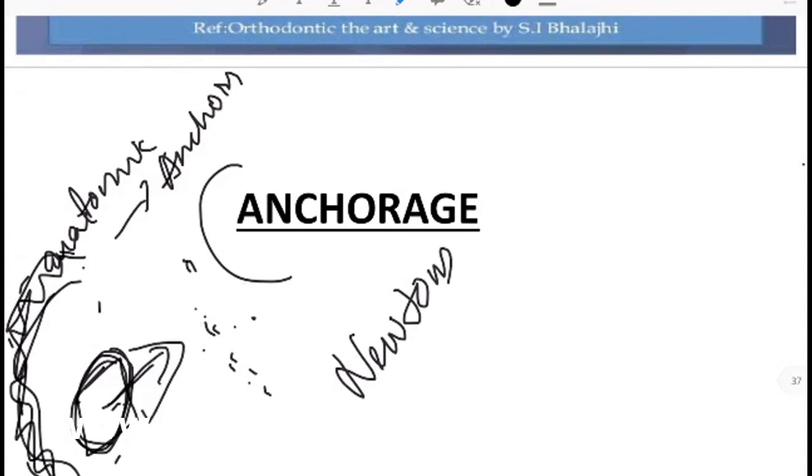So for this anchorage unit, there will be an equal and opposite reaction which is not desirable. So the resistance that is offered by this anchorage unit to this unwanted kind of force is known as anchorage. According to the definition, we'll see that now.